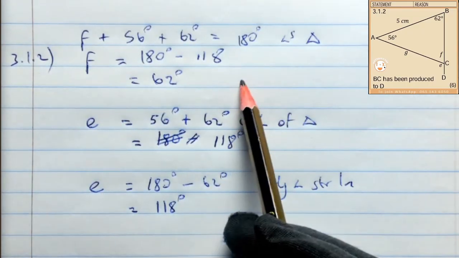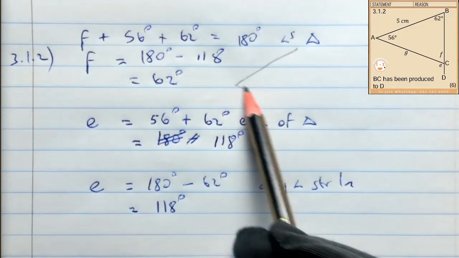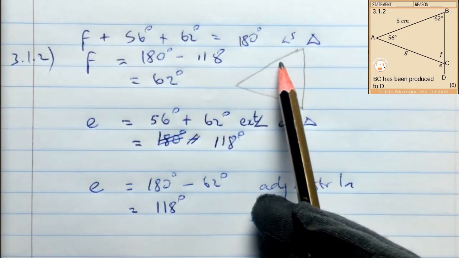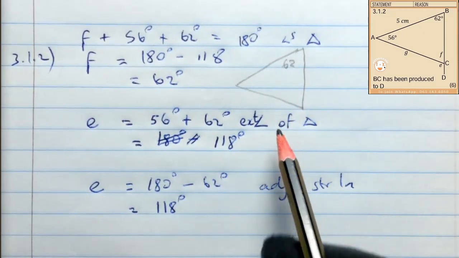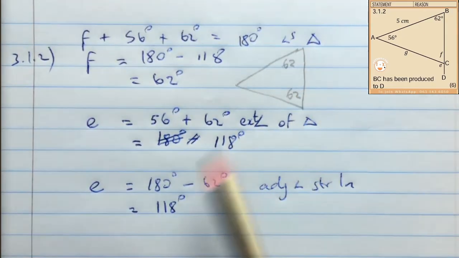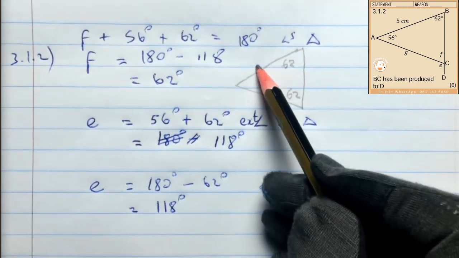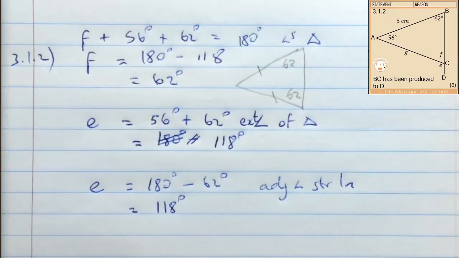So if F is 62, this triangle there is going to have a 62 there. And then it has a 62 there. Then what type of a triangle is this? Whoa. That is the type of triangle. What do we call that triangle? It's an isosceles, isn't it?